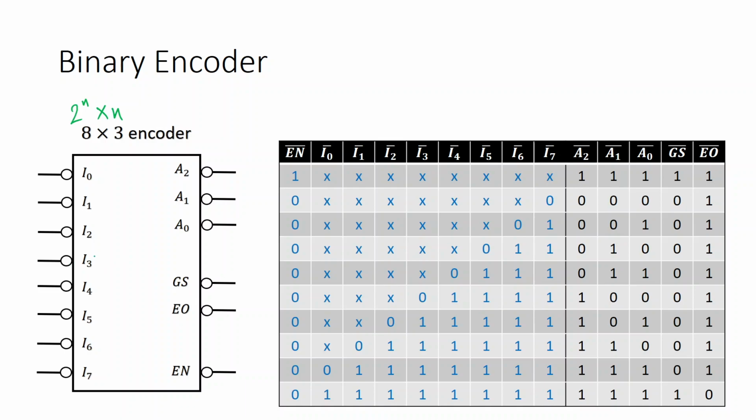So if I3 is getting activated, then I will have here 0 1 1. So 0 1 1 should come out. Okay, so your A2 bar, A1 bar and A0 bar should be 0 1 1. These are active low outputs, you see.